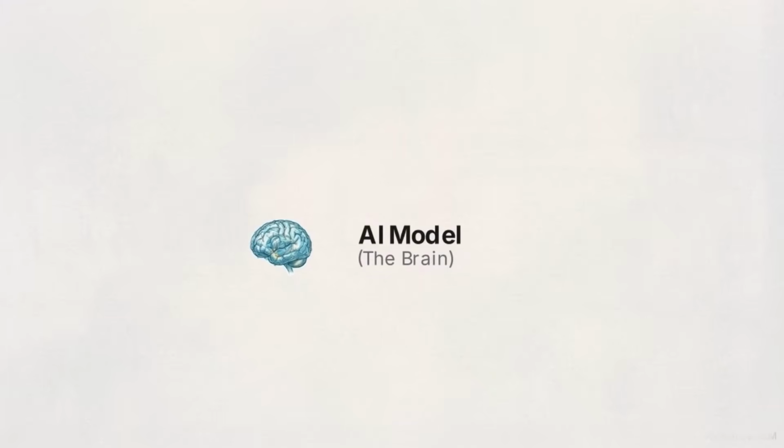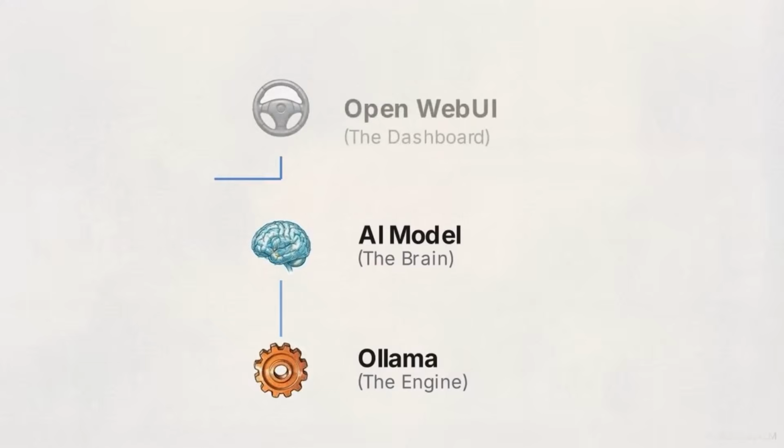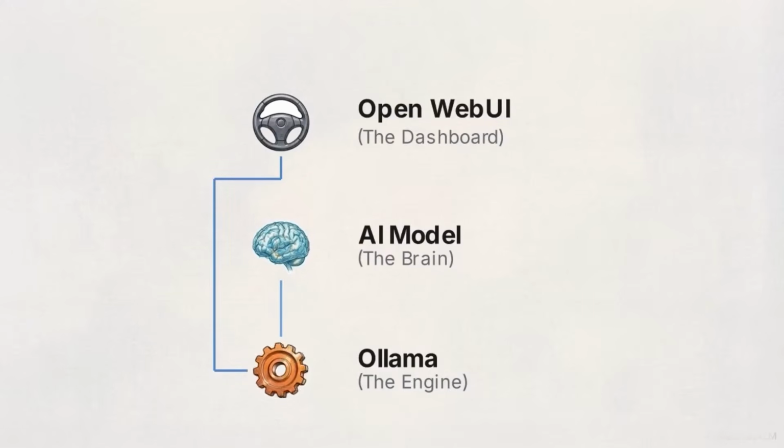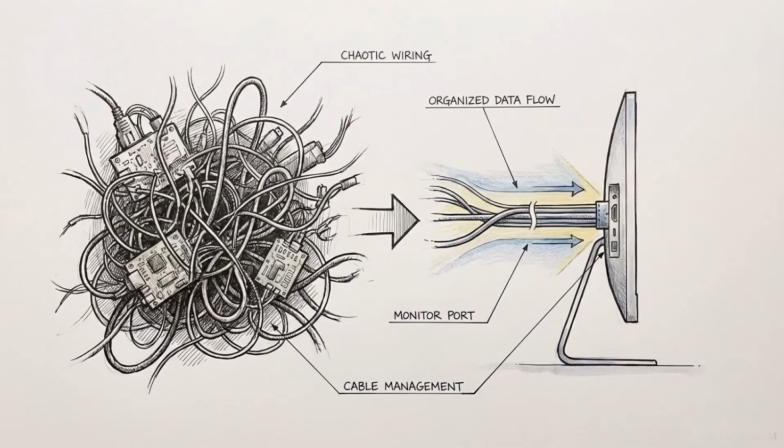Ollama acts as the mechanical engine to run it. OpenWebUI sits on top as your dashboard. Finally, everything is packaged inside Docker, a digital garage to cleanly store and run the parts. Combining these modular tools translates raw complex computational power into an intuitive application anyone can use.